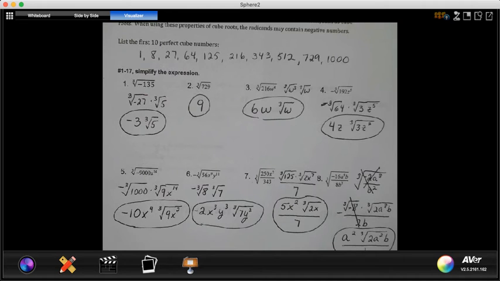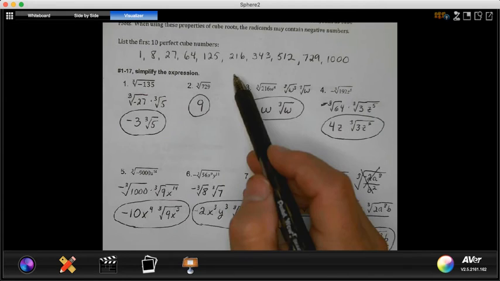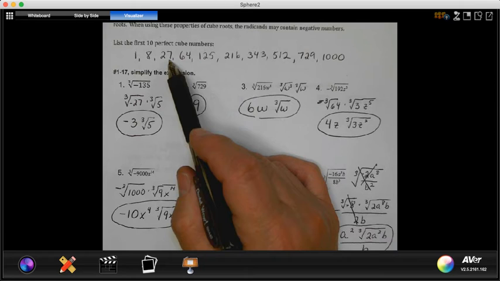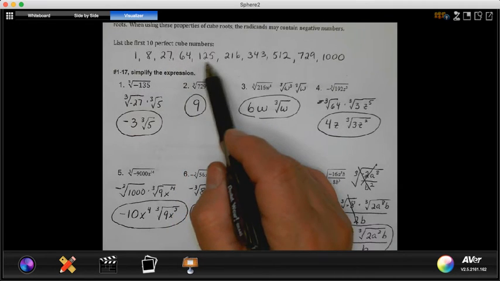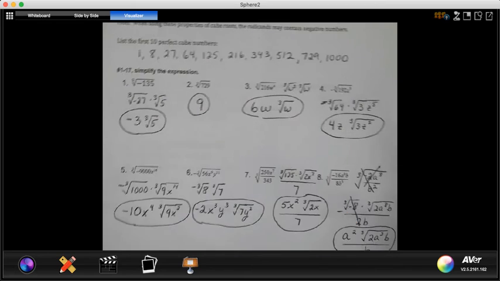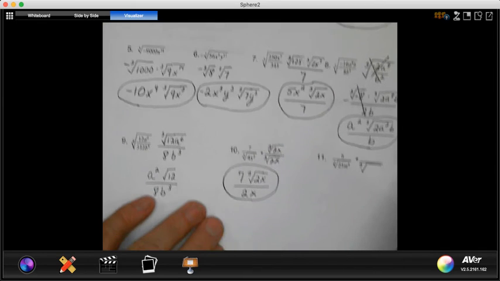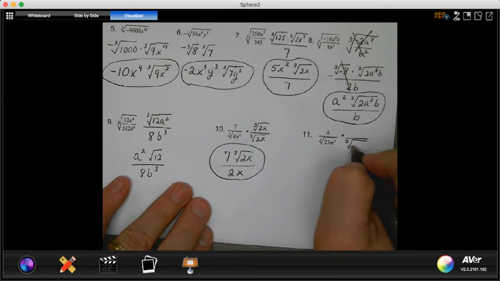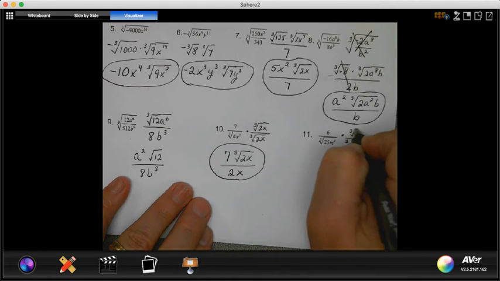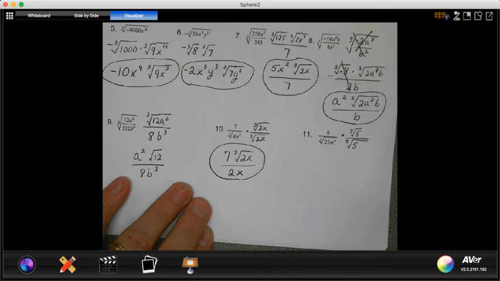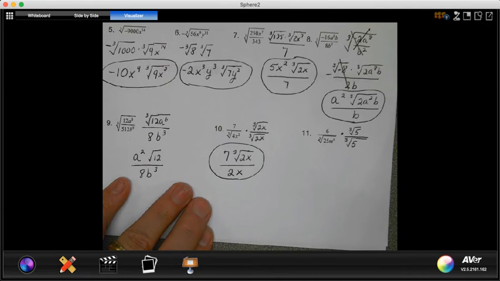So I got to think of the easiest number that I could get to with 25 through multiplication. Well, I don't want to get to 27. I can't times anything to get to 27. I can't get to 64, but I can definitely get to 125 if I times it by 5. So I'm going to times the denominator by 5, but whatever I do to the bottom, I got to do to the top. So that's going to get rid of the bottom cube root.